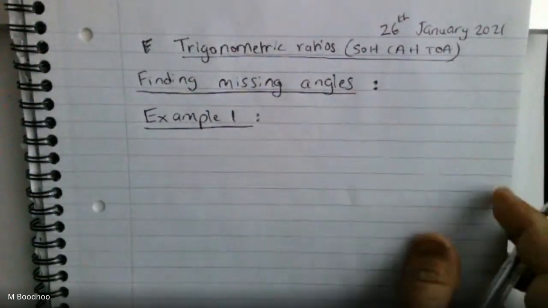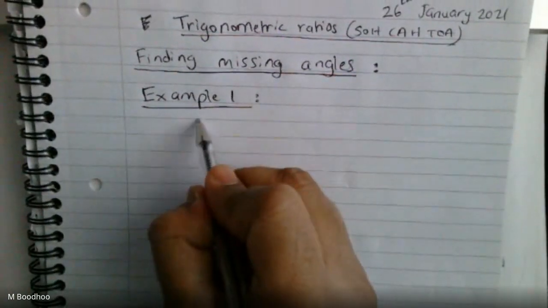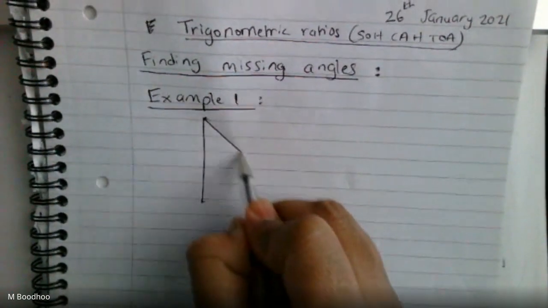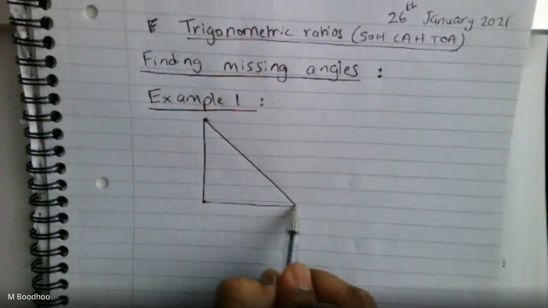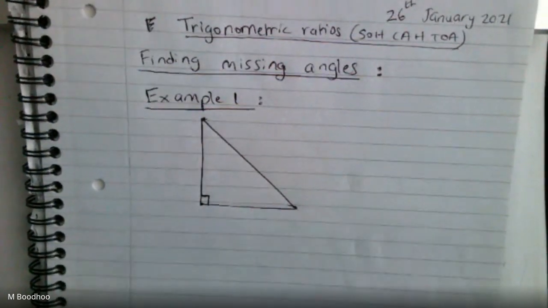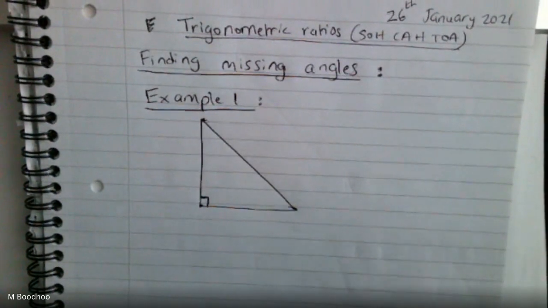And then of course you're going to get one right angle triangle. So just draw the right angle triangle. So that's 90 degrees. Now this time you will be given 2 sides.